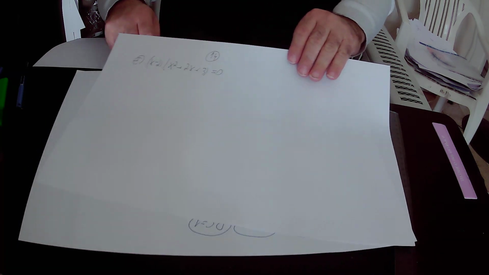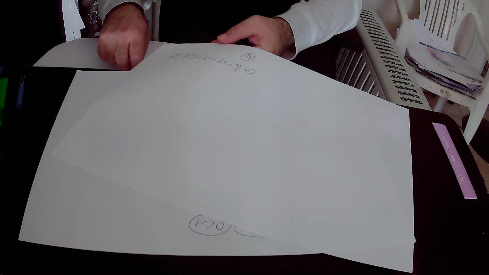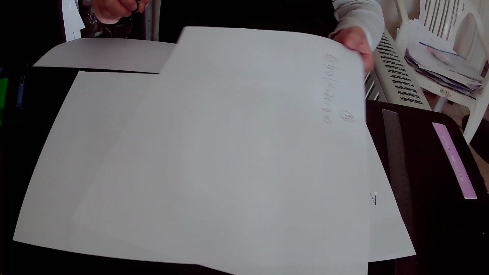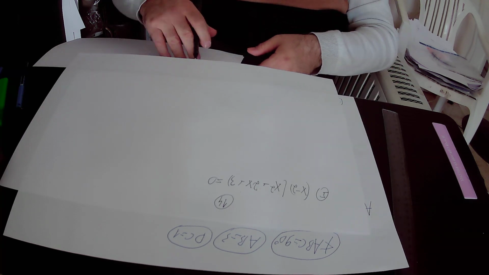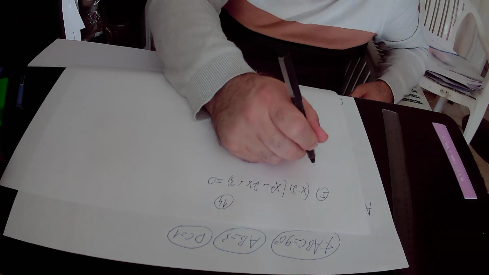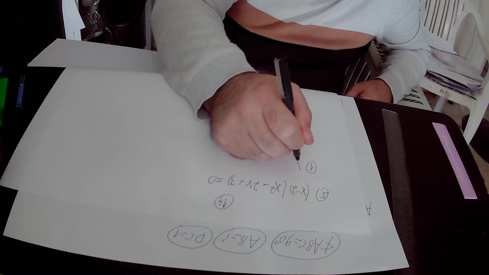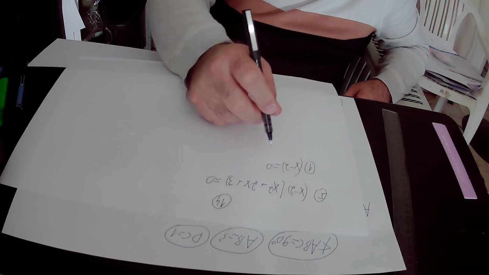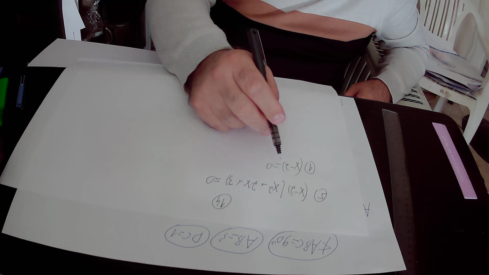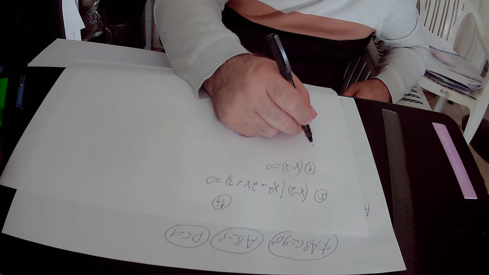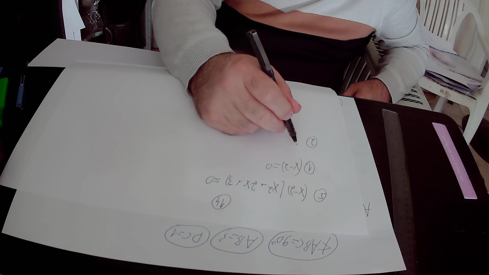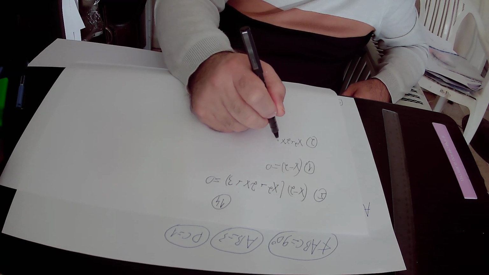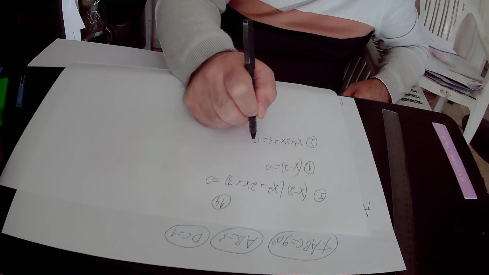So we write down those two possible solutions to this equation number 1. The first possible solution is that x minus 2 equals to 0. And the second possible solution is that the quadratic equation x squared plus 2x plus 3 equals to 0.